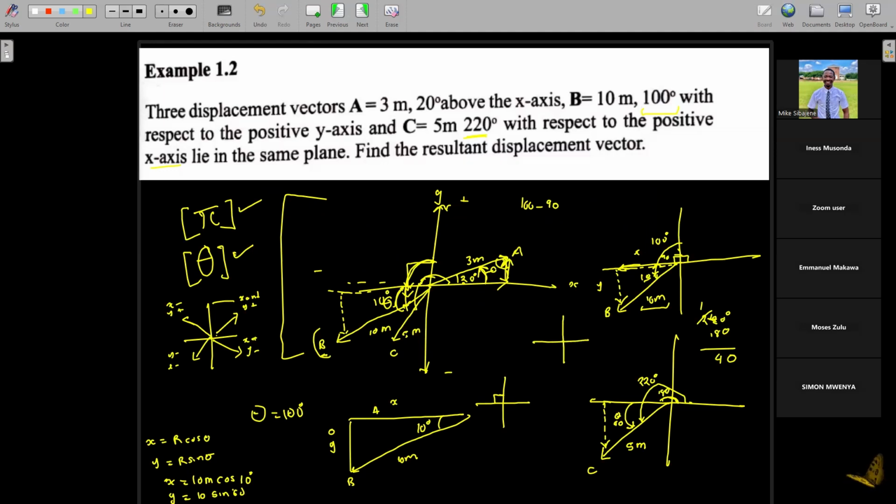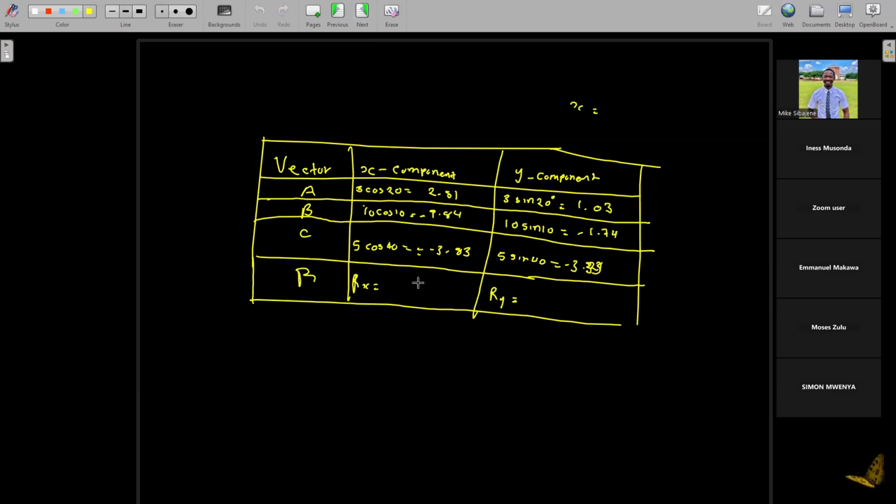It is in the third quadrant. If B is in the third quadrant, both the X and Y values are negative. Take note of that. Even if you find a positive answer, you should indicate a negative sign. Then when adding, you include the negatives. That's when you get the resultant vector.